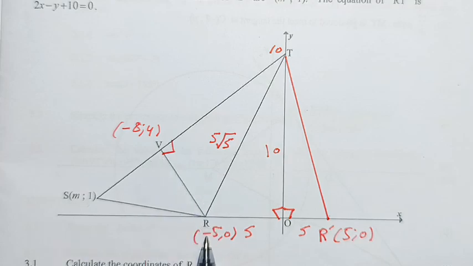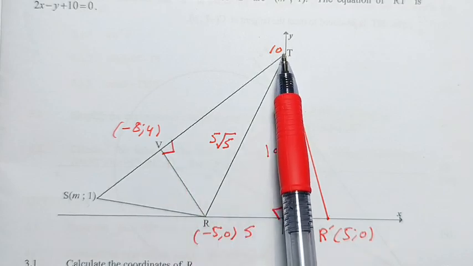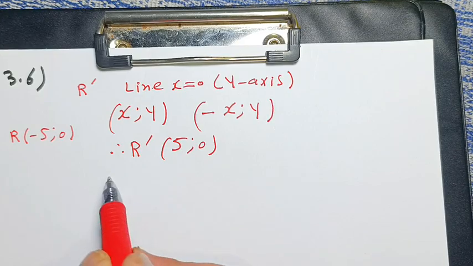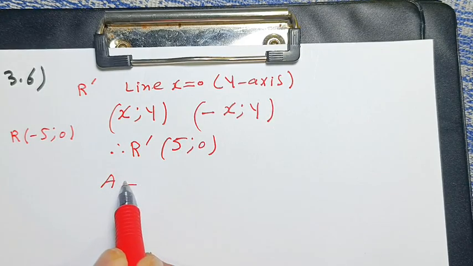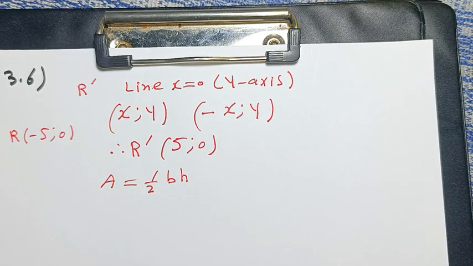So the base is VR and the height is VT. So we have the coordinates of T and V, so we have to find the length of VT and the length of VR. Let's do it. So I'm going to use the area formula, which is 1 over 2 base multiply height, because all the triangles are 90 degree right angle triangles.